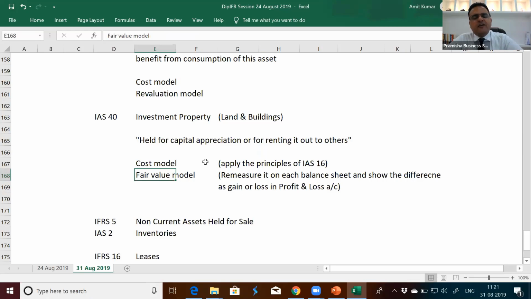But we committed one mistake: we forgot that if someone is using the cost model, the requirement of IS 40 is that we need to disclose the fair value in the notes to accounts. Even in IndAS 40, I think we missed that para which said that if you're using the cost model, you need to disclose the fair value of the property in the notes to accounts. So in India, even though there is one model, we need to disclose the fair value of the property in the notes to accounts.